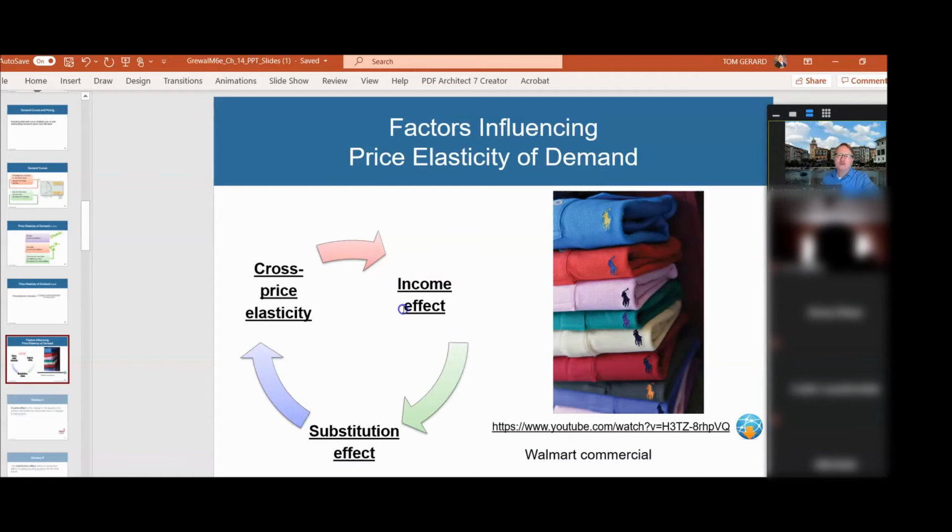So income has an effect, right? If my income goes up, I'm going to buy more expensive things. I can afford to. My demand goes up. If my income goes down, can I substitute the non-brand? Can I go buy the cheaper car? One of the things that happens, and most of you are young, you haven't had a lot of life out there, but things happen in life that you have no control over.